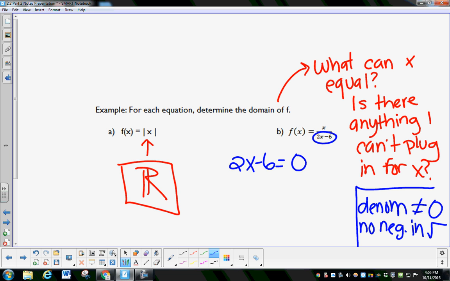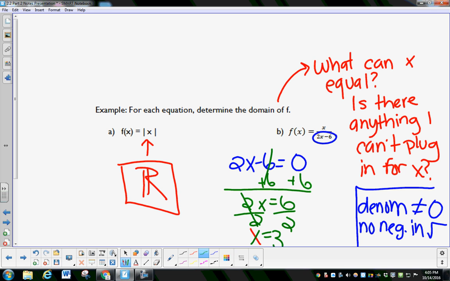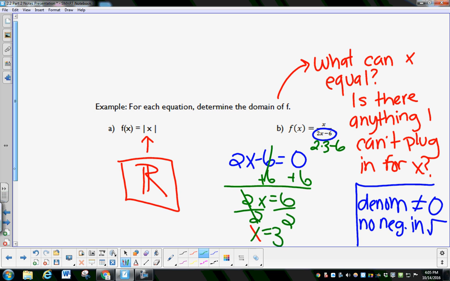If 2x minus 6 equaled 0, we can add 6 to each side, divide by 2, and we can see that x is 3. So when x is 3, the denominator is 0. That makes sense, right? 2 times 3 is 6, minus 6 is 0.